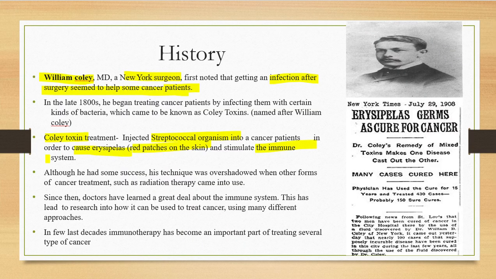Although his approach was later replaced by radiation therapy, it laid the foundation for modern immunotherapeutics. Today immunotherapy has become an important treatment option for several types of cancer. So this is how immunotherapeutics developed, the history behind Coley's toxins.